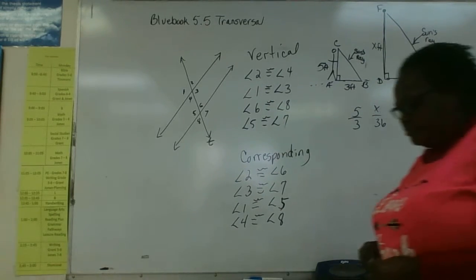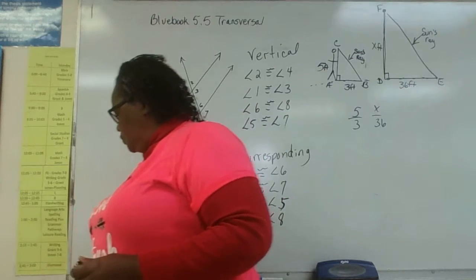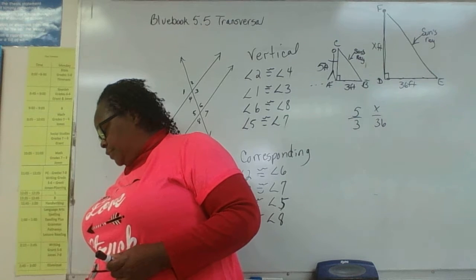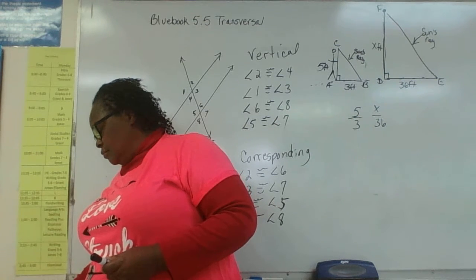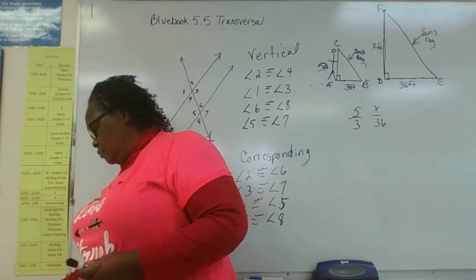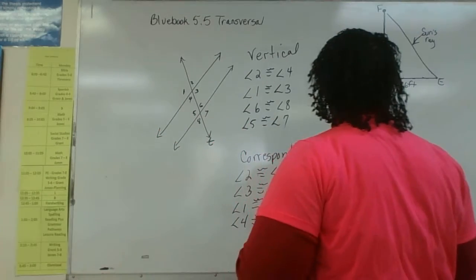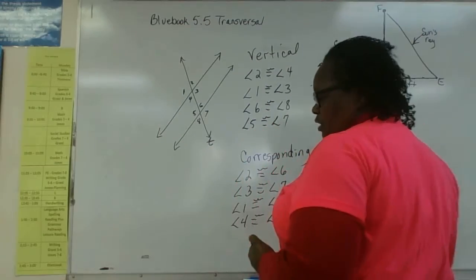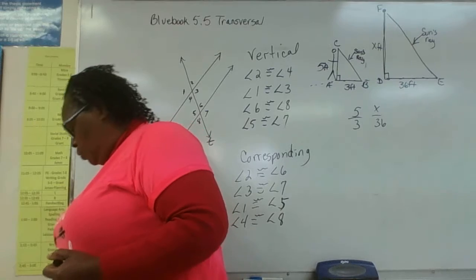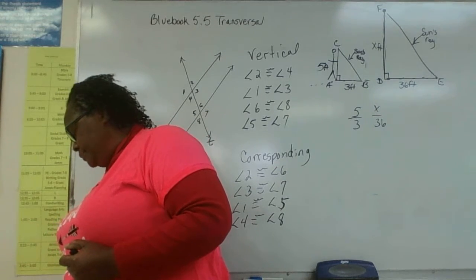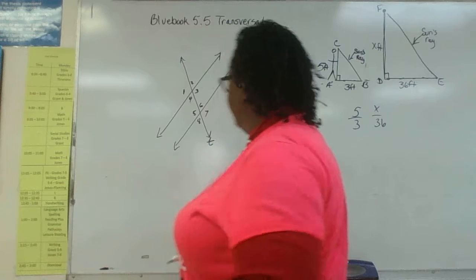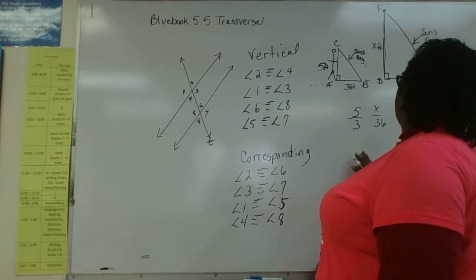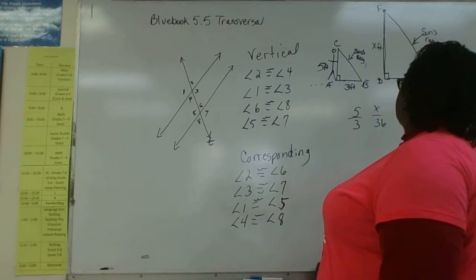Now, let's move forward. From there, we're going to find out what x is. And so let's do that. 5 is to 3 as x is to 36.